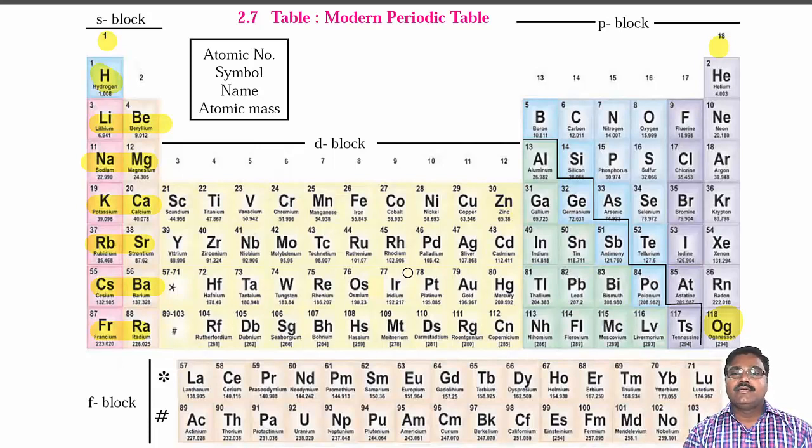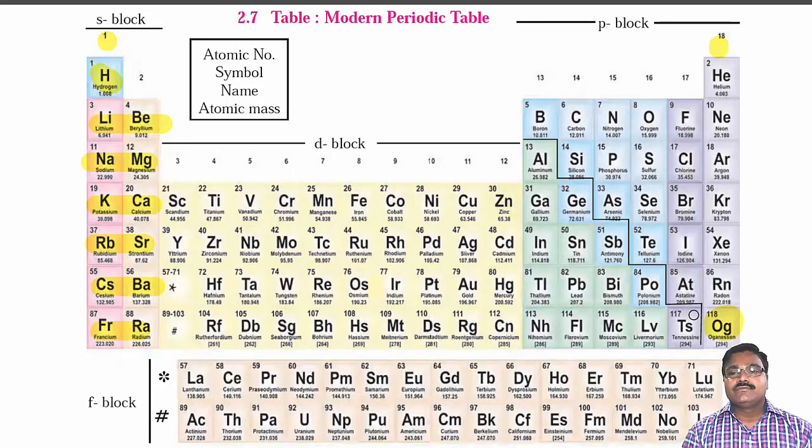Then on the right side of this periodic table you will see a zigzag line. This zigzag line separates two different types of elements: the elements placed on the left side of this line are called metals, and the elements on the right side are non-metals.